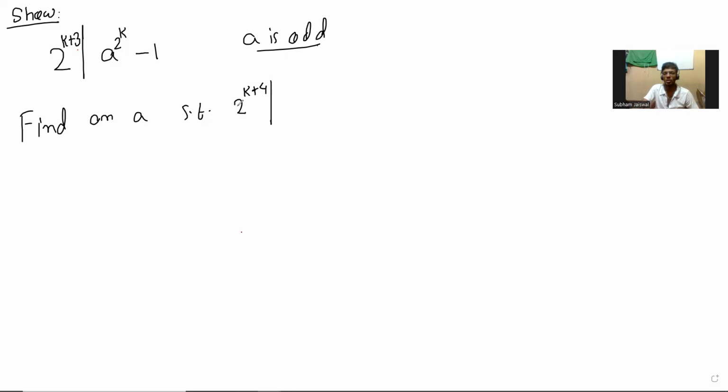So for which 2 to the k plus 4 does not divide a to the 2 to the k minus 1. Obviously, there will be an a for which you can do better. That you can always construct. You can just take a to be 2 to the power something. But find an a for which there is no larger power, for which 2 to the k plus 4 does not divide a to the 2 to the k minus 1.